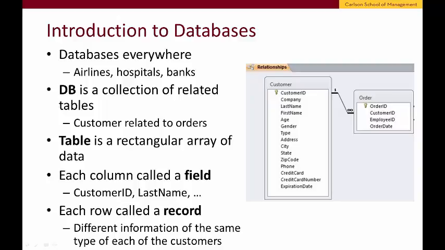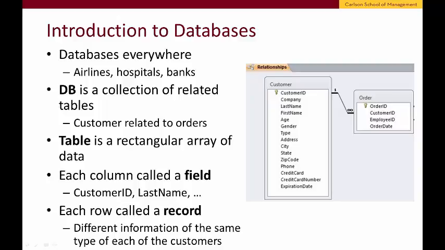A database is a collection of related tables representing entities like customers and orders engaged in a variety of business processes like customers placing orders. A database table is a rectangular array of data with columns, also known as fields, representing different characteristics of an entity.